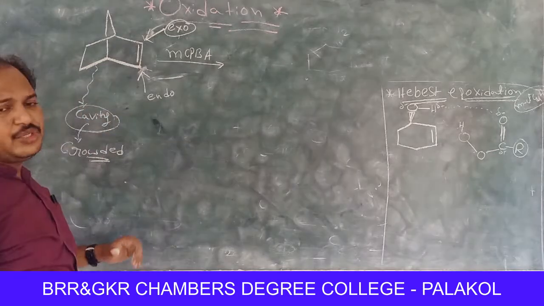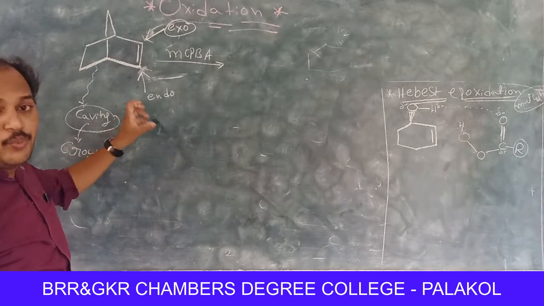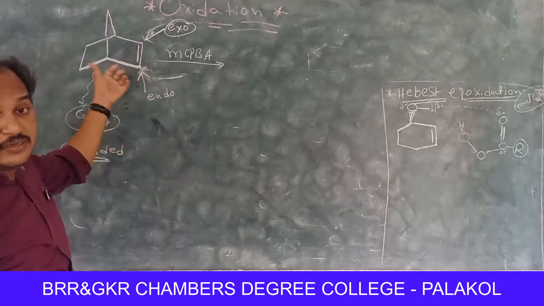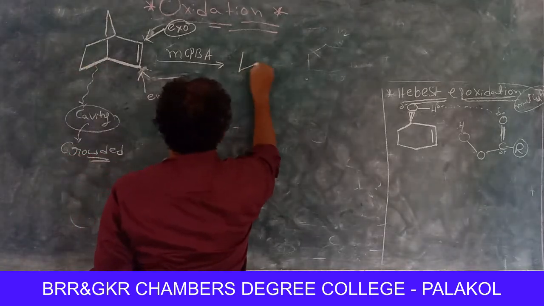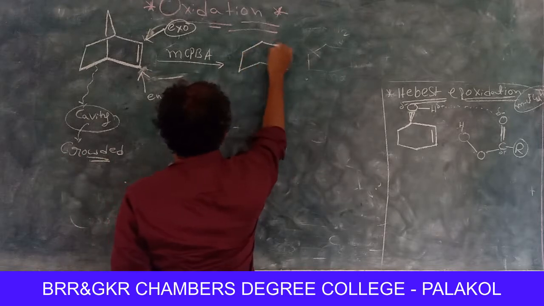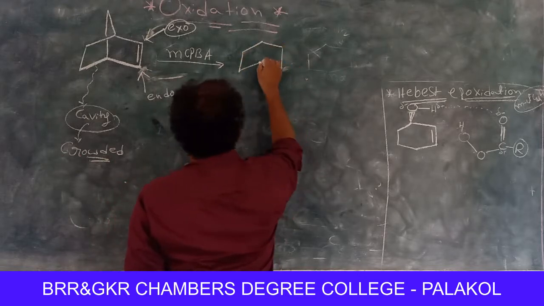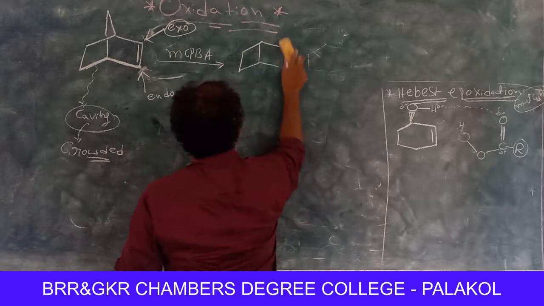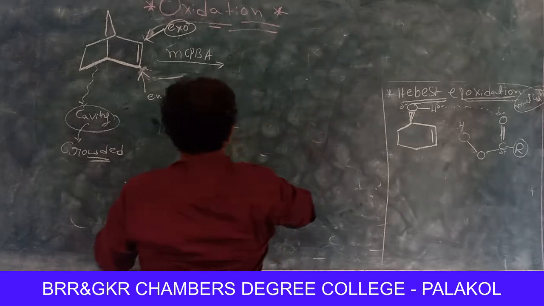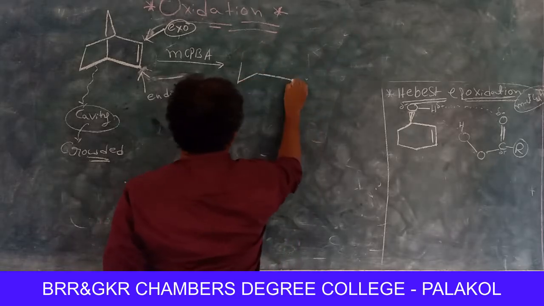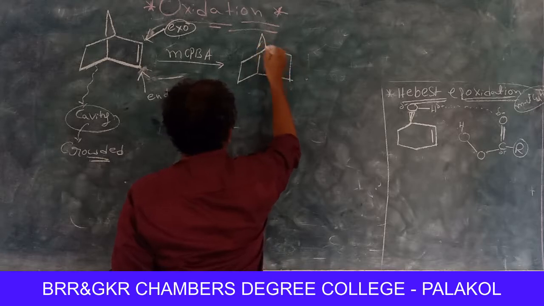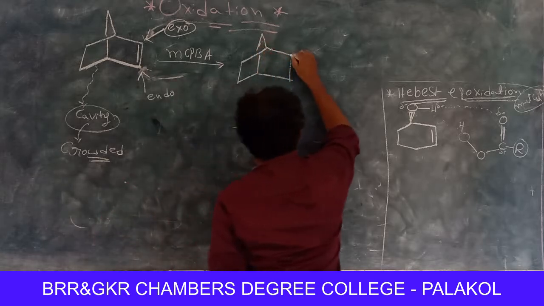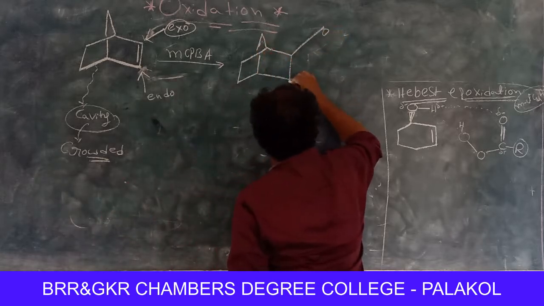And here I need to write two possibilities for this conversion. I'm taking two possible conversions: one is the exo epoxide and the other is the endo epoxide. Suppose I'm writing the exo epoxide formation.